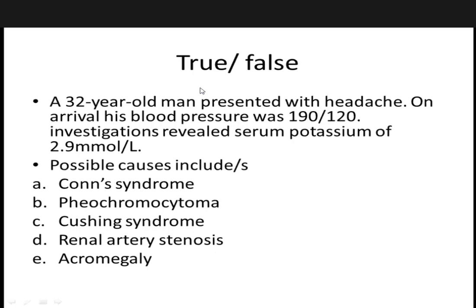In patients with Cushing syndrome, which of the following features strongly suggest ectopic ACTH secretion? So this is a single best answer type of question, right?